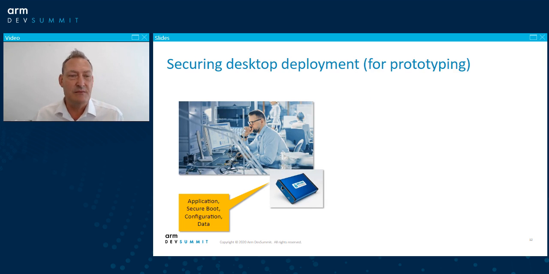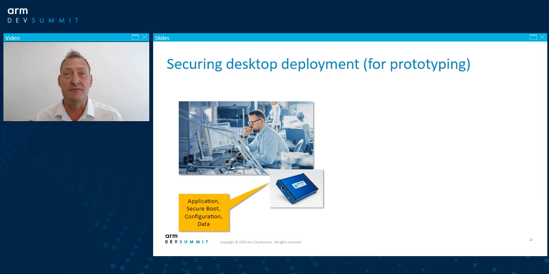Let's think for a moment a little bit about the desktop environment now, because we have the same challenges as highlighted earlier on. We have actors and we have an environment which we can't necessarily control. So we need to think about the prototyping and development environment as well.